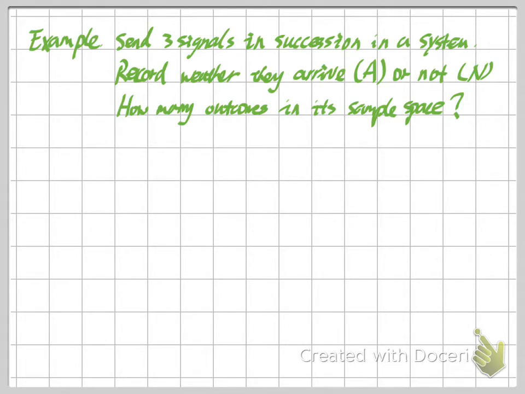Instead of using the tree graph to help us find it, this is a much easier way to do this. In this question, we first need to use the multiplication rule. First, we need to know how many steps we will have. If you look at the question, we have 3 signals and we send them one by one.